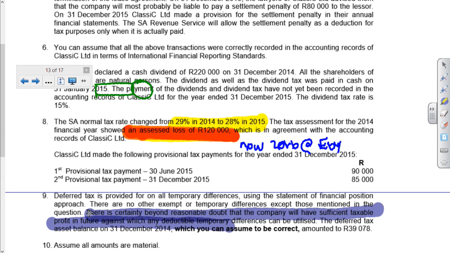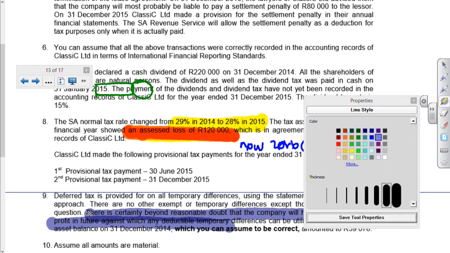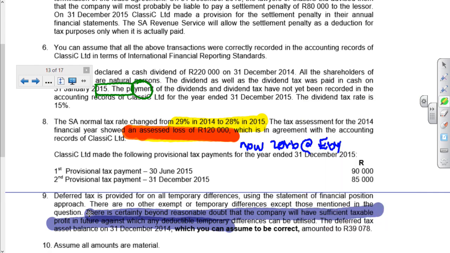Okay, then at the bottom here, they tell us that there is certainty beyond reasonable doubt, and that we have an opening deferred tax balance as at December 14, and it is an asset. So you must go and do your calc for 2015 with those items that we talked about.